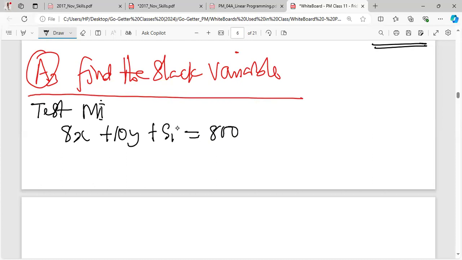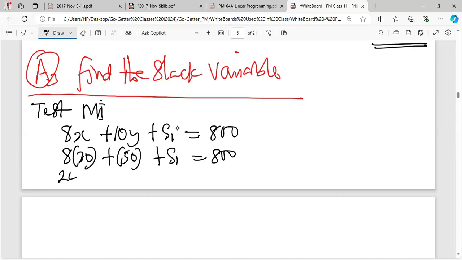And we know that x is 30 and y is 50. We don't know S1. This is 800. 3 times 8 will give me 24. That's 240.